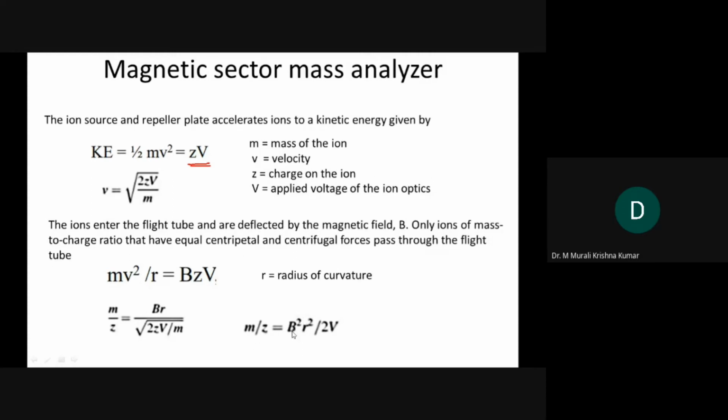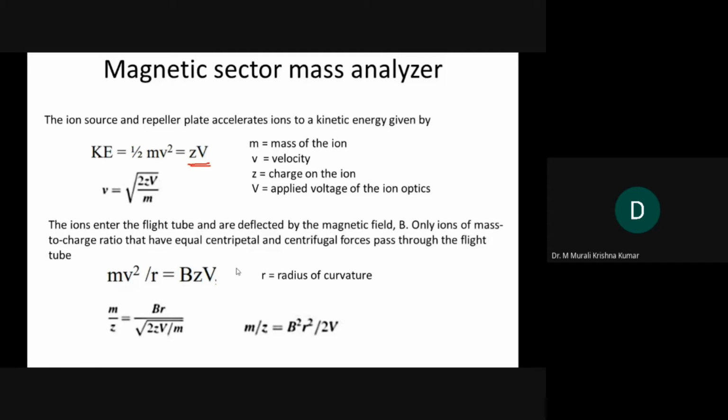When you fix the magnetic field and radius by tuning voltage, we can find out what kind of molecular ion can deflect at a particular place. Or we can also tune the B value, the magnetic field, because the magnetic fields applied over there are electromagnets.